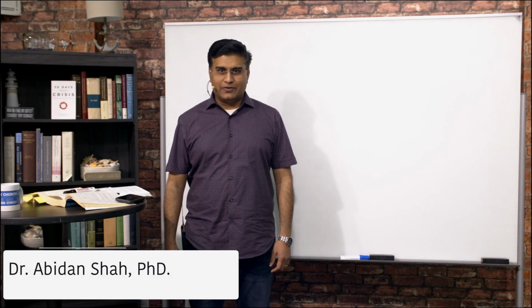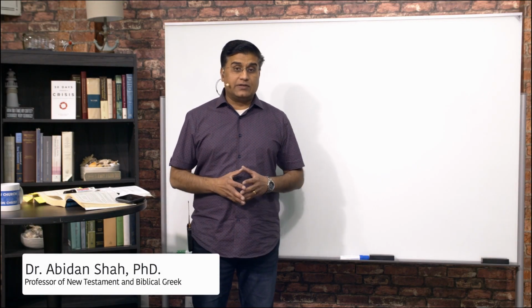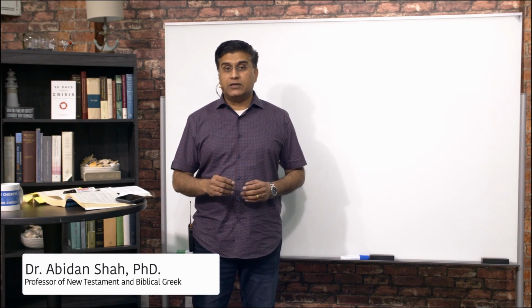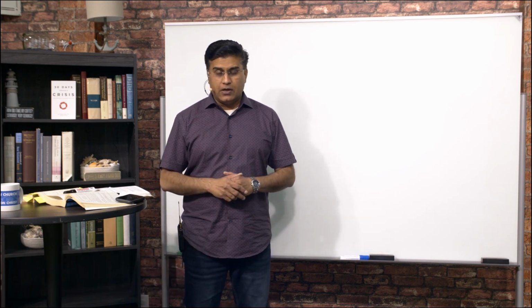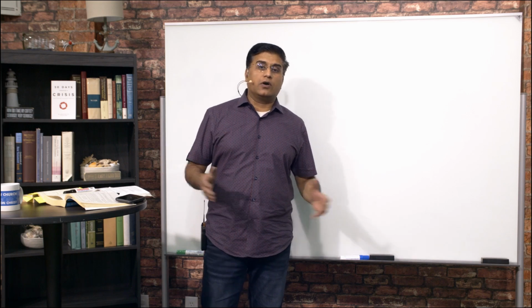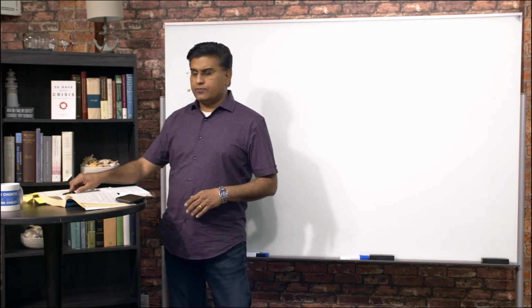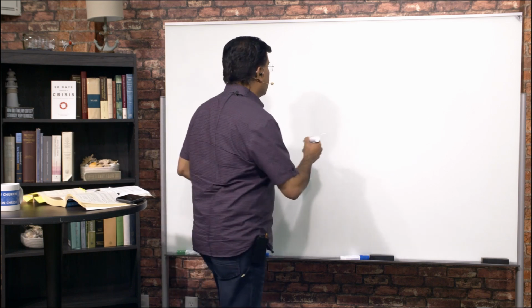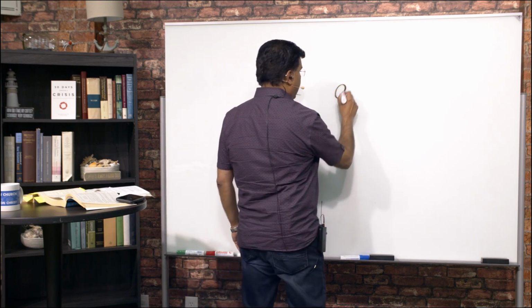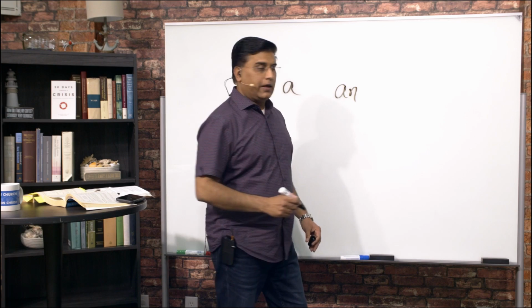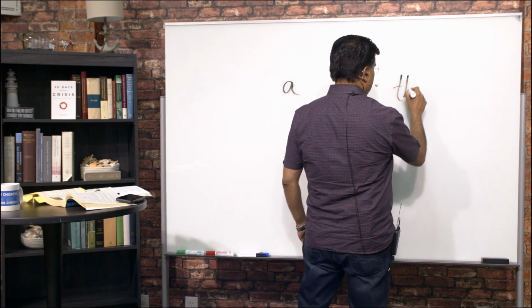Welcome to Biblical Greek. In today's lesson, we're going to talk about the definite article in New Testament Greek. Now keep in mind, when we talk about the article, in English we have three. We have a, and then an, and then the.